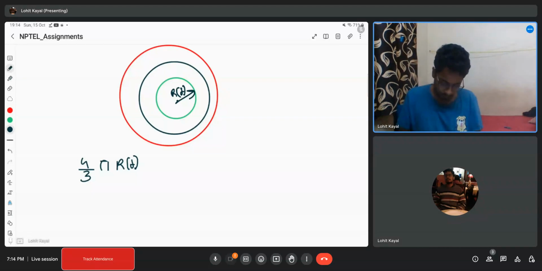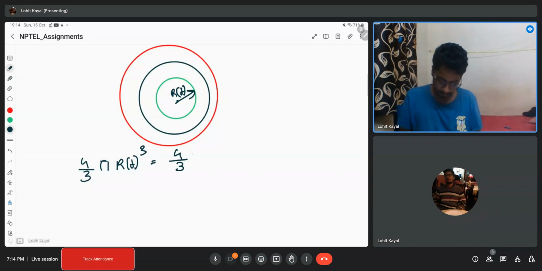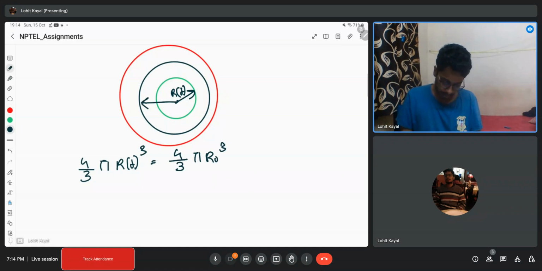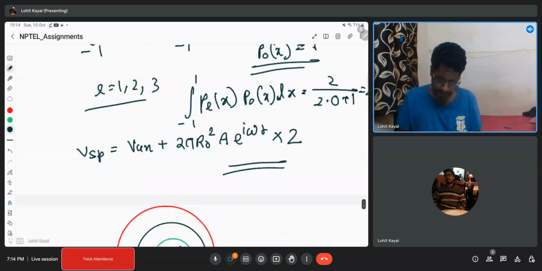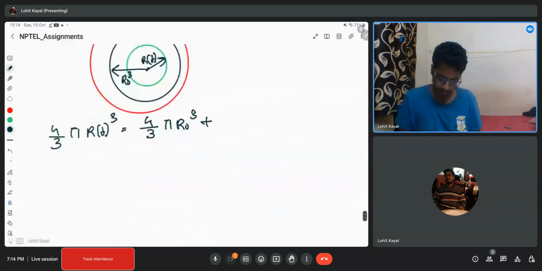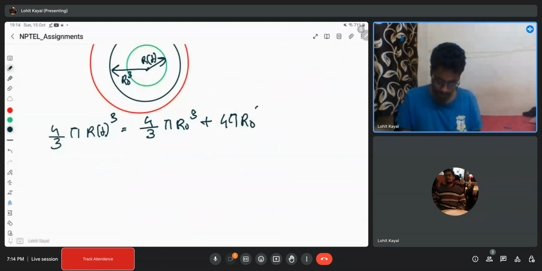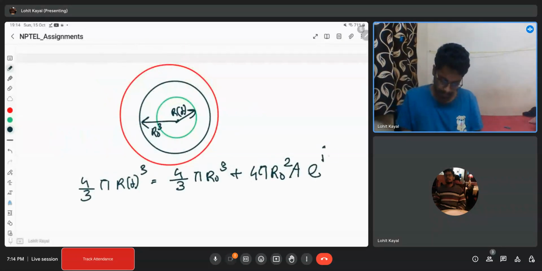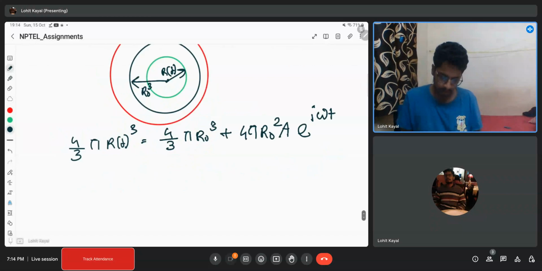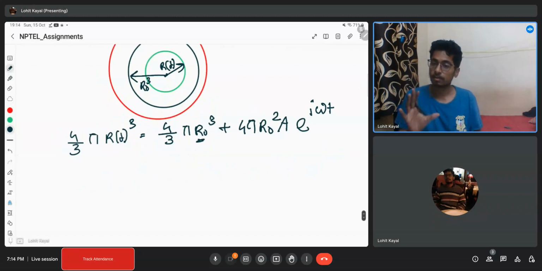4 by 3 pi R(t) cube equal to 4 by 3 pi r naught cube, where r naught is the initial radius of the bubble, plus this exponential term, that is 4 pi r naught square into a into e to the power of i omega t. Sorry, this is not the initial radius, this is the radius of the base state.